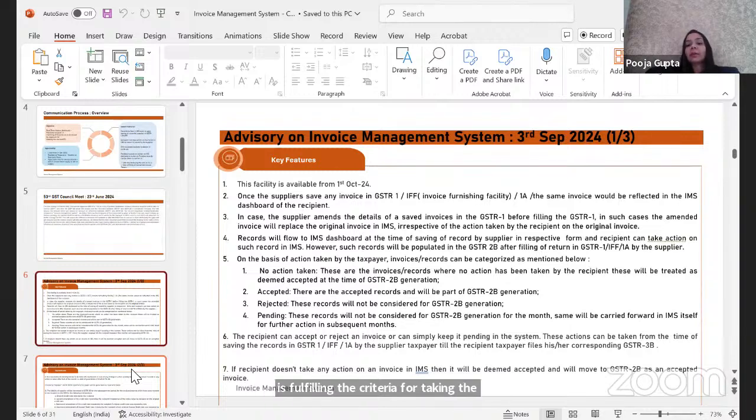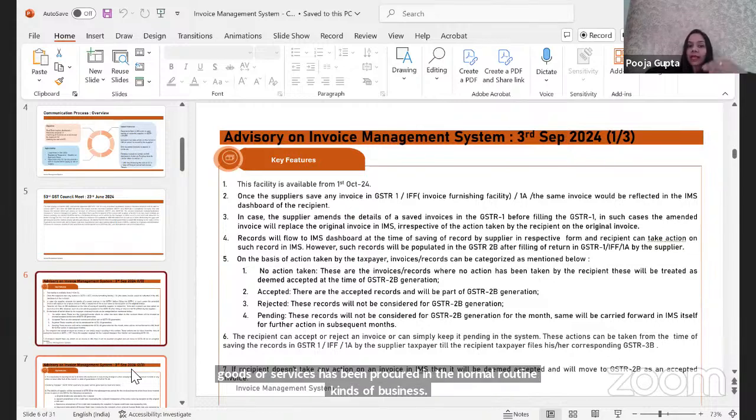Like he should have possession of the invoice, he should have received the goods and services, and he has made the payment to the supplier or proposed to make the payment within 180 days from the date of the invoice, and the goods or services have been procured in the normal routine course of business, for business purposes only.